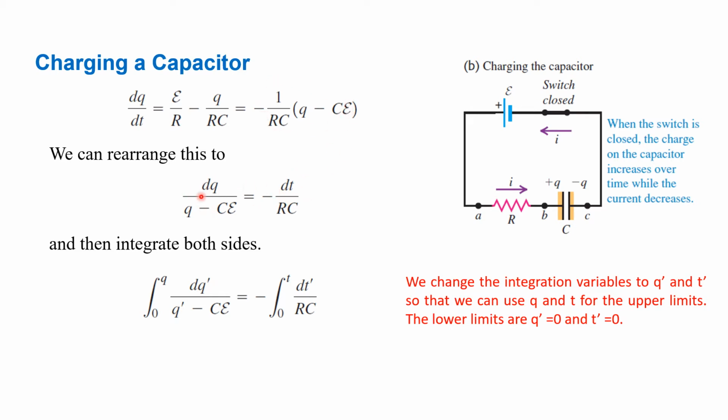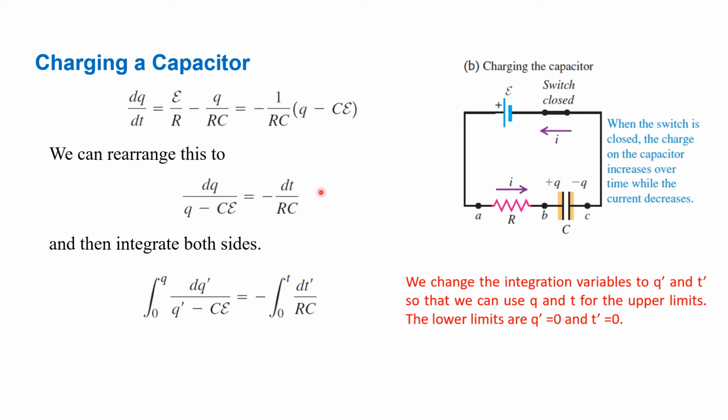So you have dq over Q minus C times epsilon. We just divided both sides of the equation by Q minus C epsilon, and then we multiply by dt. So we rearrange our equation into dq over Q minus C times epsilon equal to negative dt over RC. And you can solve this one by integrating both sides.